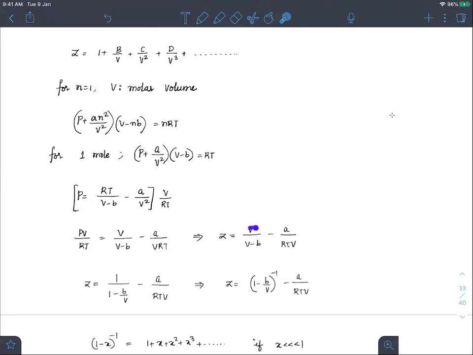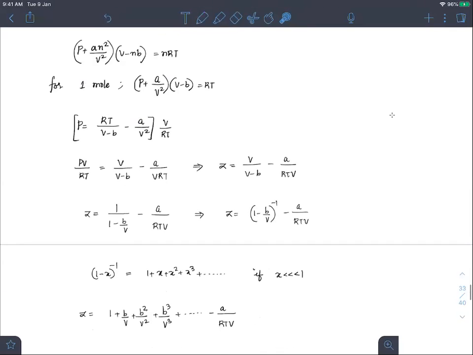So if I bring this V down here, I'll get 1 by 1 minus b by V, and 1 minus b by V का inverse, I'll get a binomial expansion. So if I do the binomial expansion, I'll get this equation. आपने ये किया है, Virial's equation, everyone?